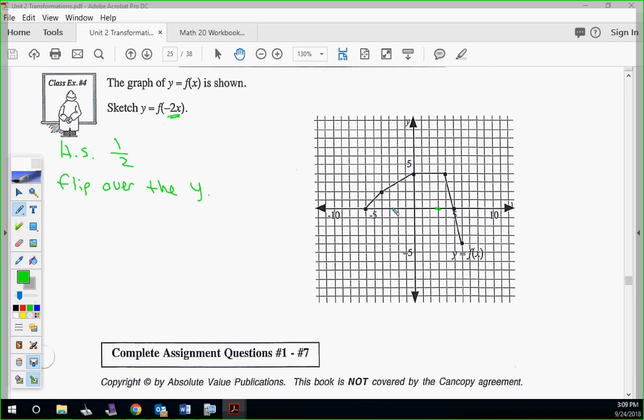This right here, -4, flips to +4. Half of that is 2. What's going to happen with this one? Stay the same. Good job. This one, +4 to -4. Half of that, 2. So there it is. So it looks a little bit different.